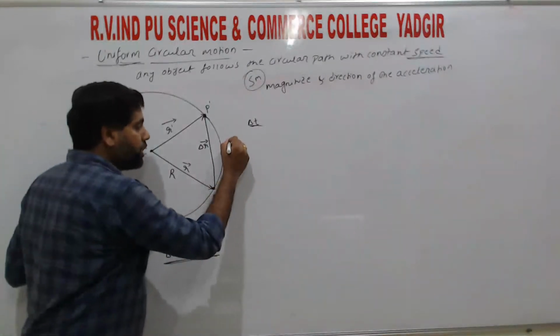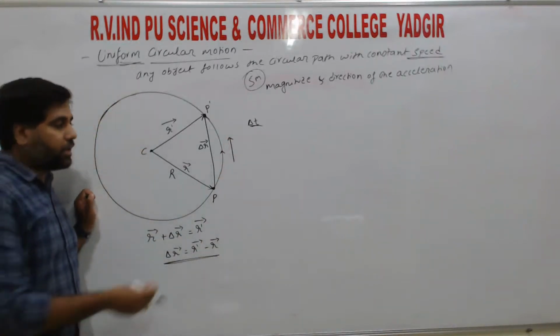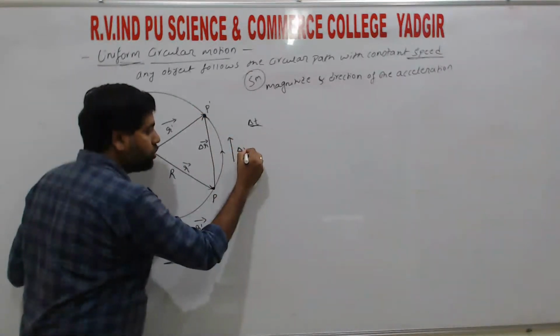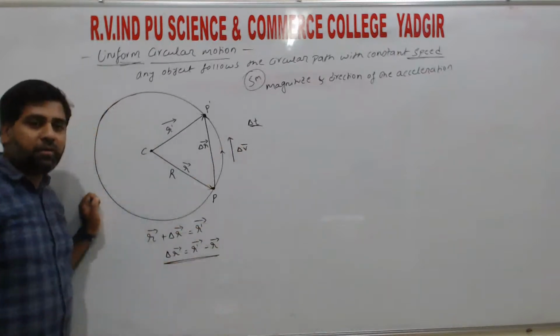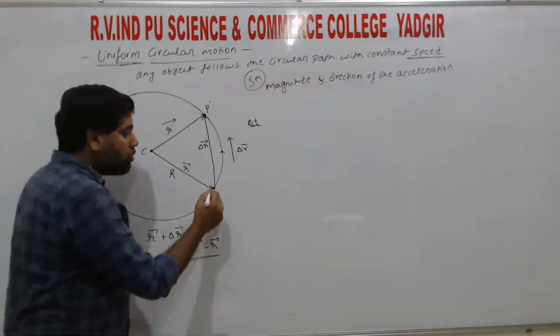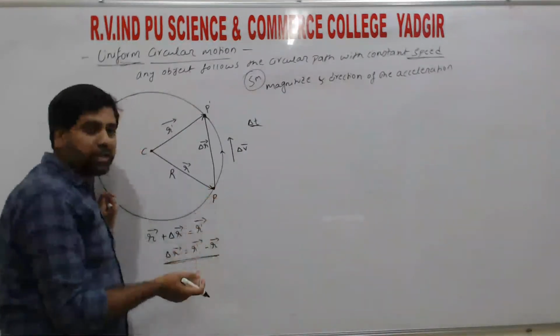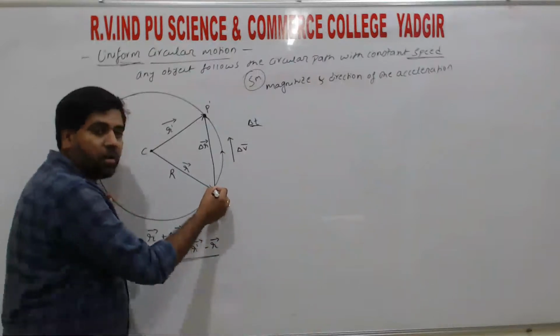The average velocity is in the direction of the displacement vector. The displacement vector is in this direction, so the average velocity is also in this direction. V bar represents the average velocity. Now we find the instantaneous velocity at every point by drawing the tangent at the point.